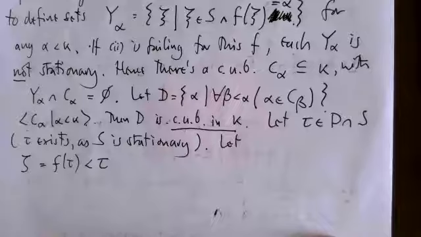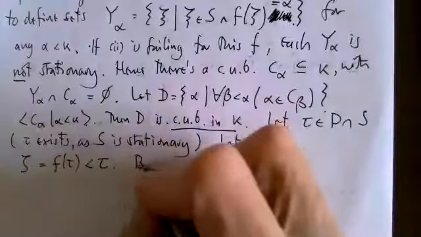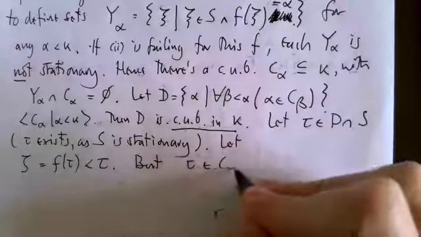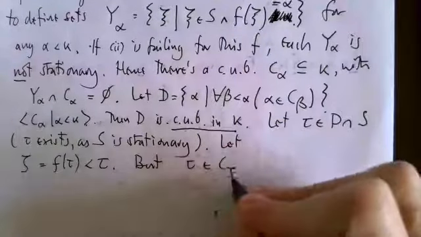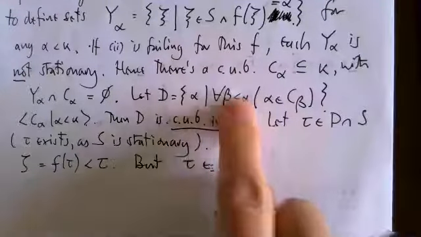But now, what is the contradiction? Tau here is in C zeta. Tau is in the diagonal intersection, so it's in all of the previously indexed sets.